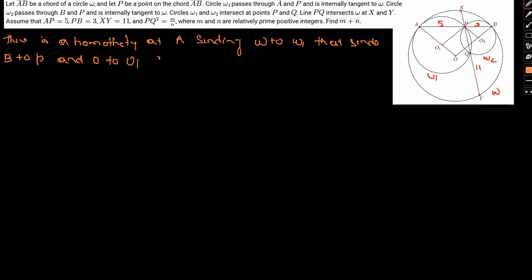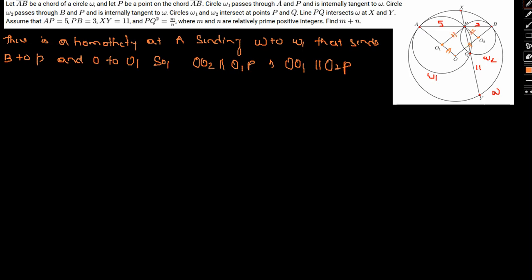So O2 is parallel to O1P and O1 is parallel to O2P. So O1 is parallel to O2P and this one is parallel to this.